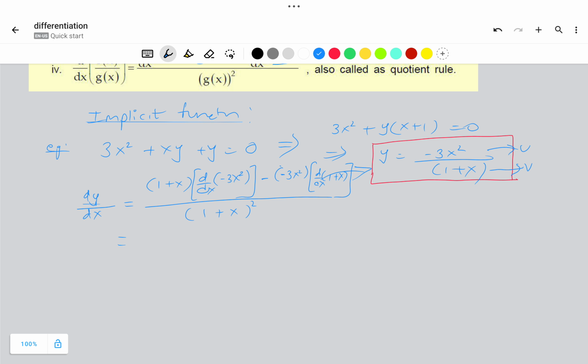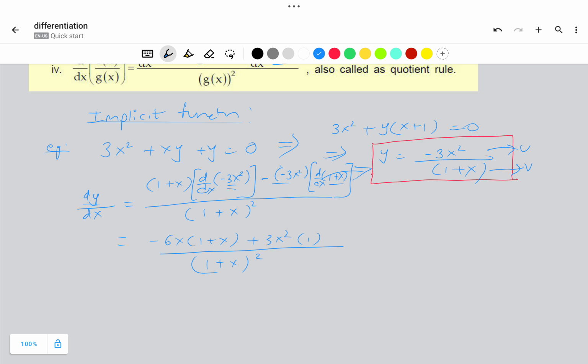So the derivative of minus 3x square is minus 6x, so minus 6x into 1 plus x, and here minus and minus will be plus, plus 3x square, and here it would be 1, upon 1 plus x the whole square.